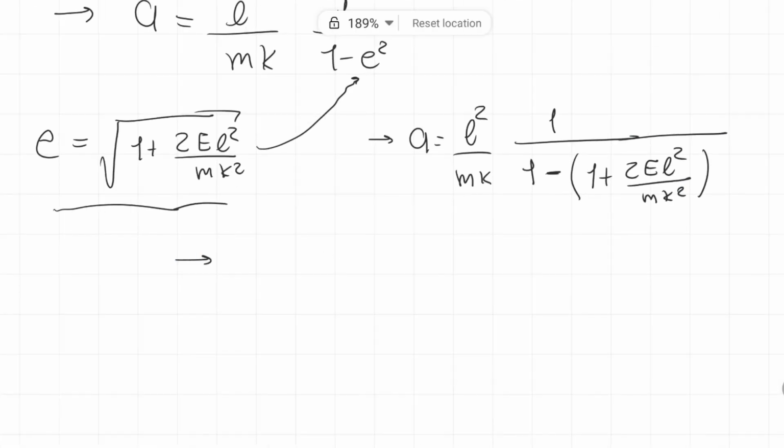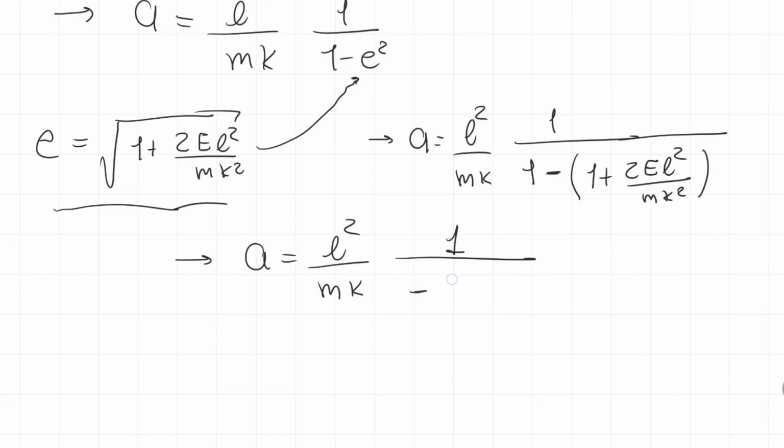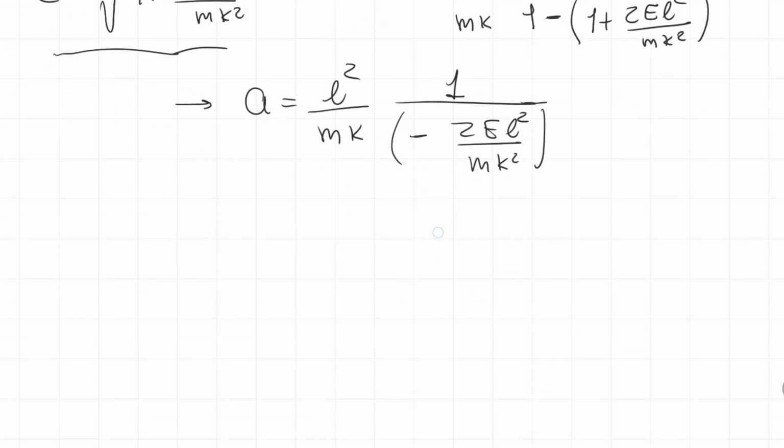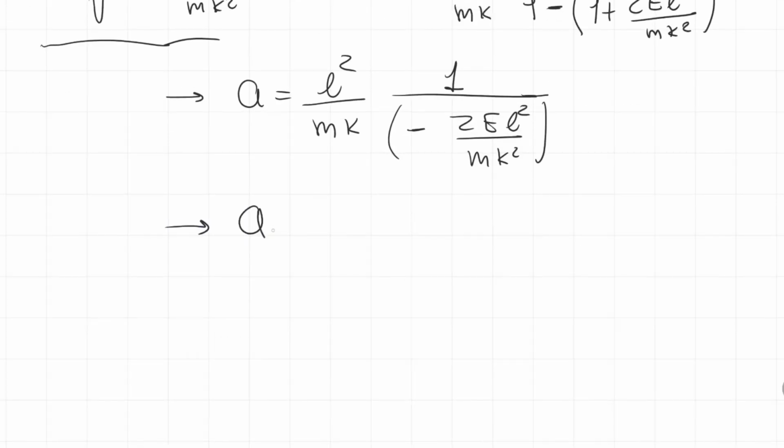That leads us to a equals L squared over mk times 1 over negative 2EL squared over mk squared, which takes us to say that a is going to be negative k over 2E.